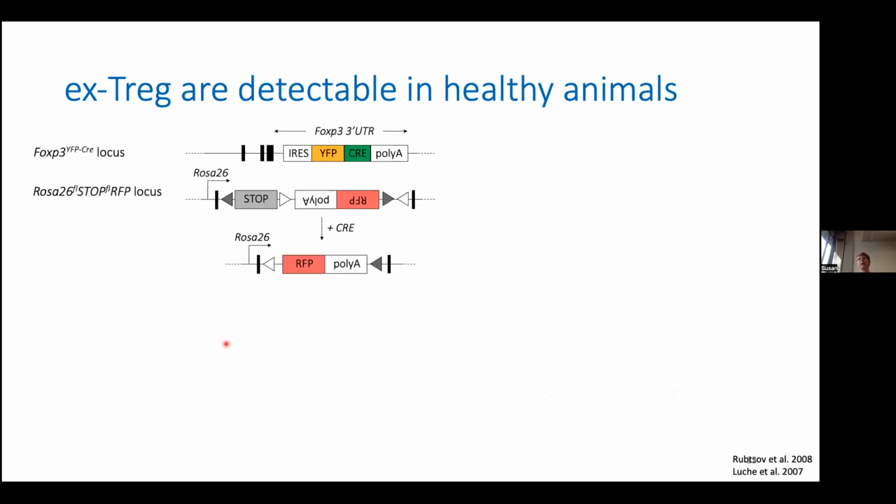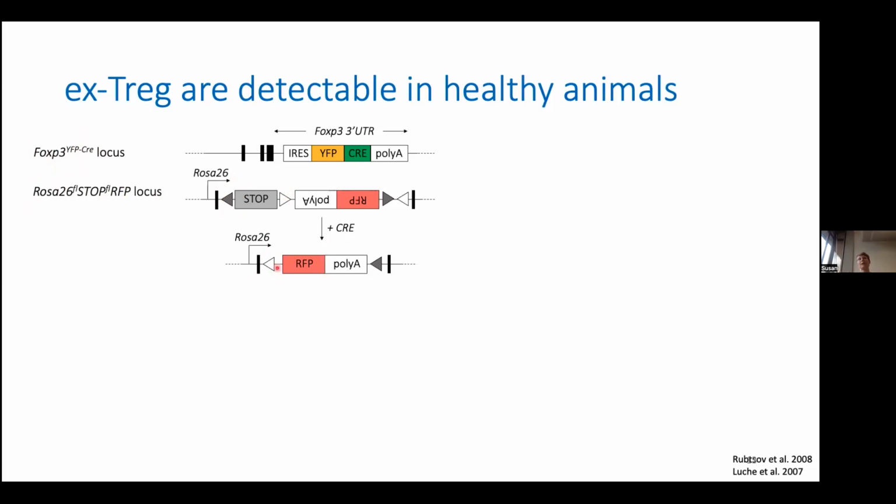But when we analyze Treg reporter mice, fate mapper mice, where the FOXP3 locus is linked to expression of the Cre recombinase, and the Cre recombinase recombines a reporter locus, ROSA RFP, it removes a transcriptional stopper and puts the RFP in place.